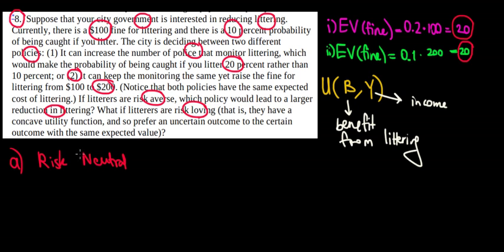What's the intuition here? The reason we want to look at the behavior of the consumer is because if the consumer has a lower expected utility from a certain policy, then he will avoid it. He will not want to litter because he is hurt, right? So in this case, the expected utility is the same under both policies.